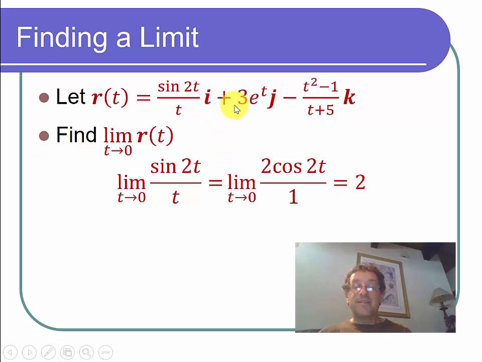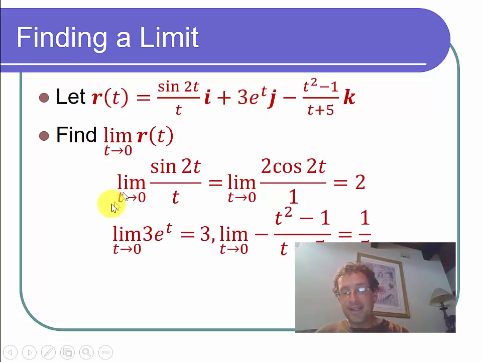So now let's find the limit of the j component, 3e to the t. So here we take the limit as t goes to 0 of 3e to the t, and this is really easy because 3e to the t is just a continuous function, so we can just plug in, and you get 3e to the 0, and that's just 3 times 1, which is just 3.